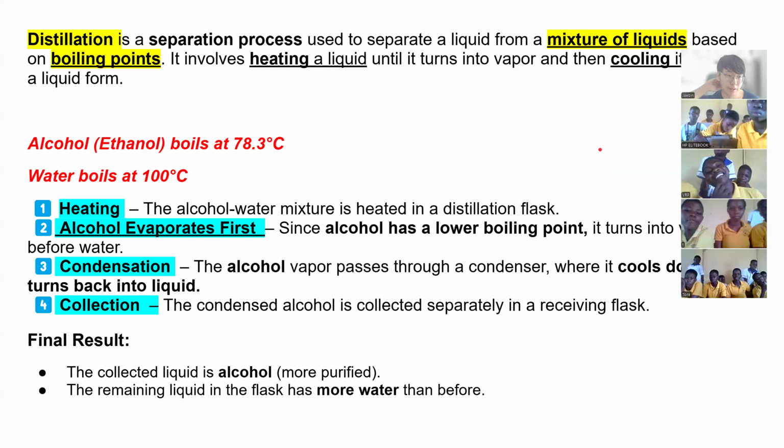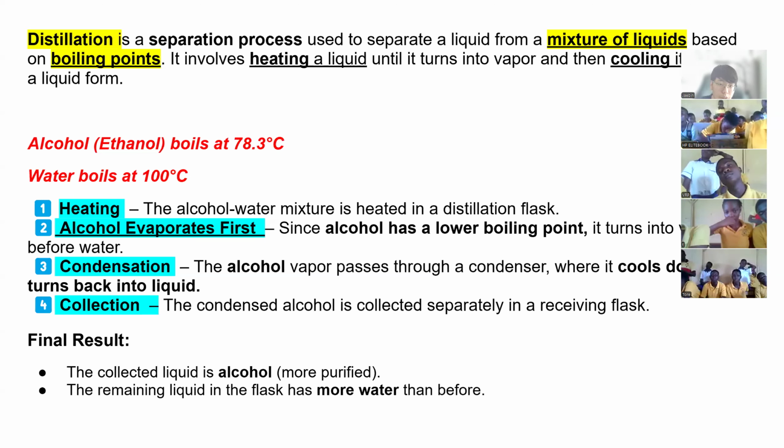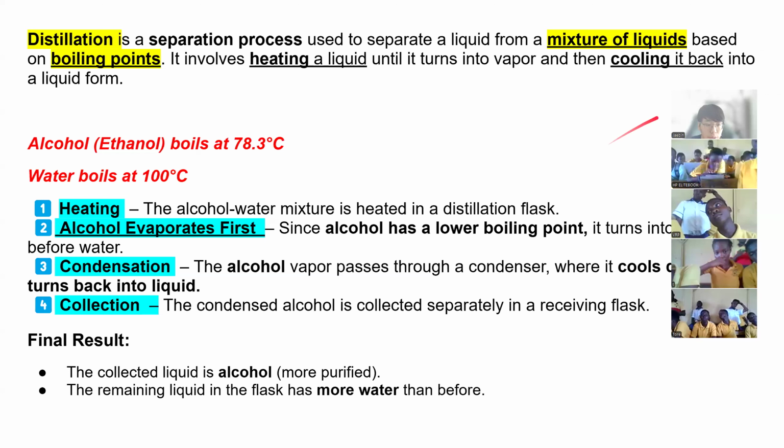Distillation is the separation process that is used to separate a liquid from a mixture of liquids. It is a great way to separate a mixture of liquids, and it is based on the boiling points of those liquids. It involves heating a liquid until it turns into vapor and then cooling it back into a liquid form.